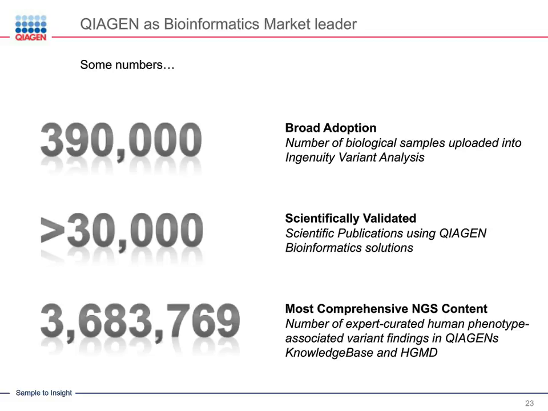These are peer-reviewed publications using our bioinformatics tools. And we actually have an army of MDs and PhDs who read the scientific literature and gather the corpus of human knowledge and have put together a content database of mutation findings that are over 3.5 million findings.